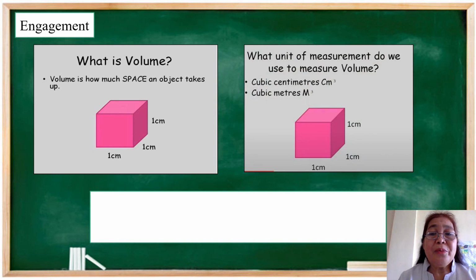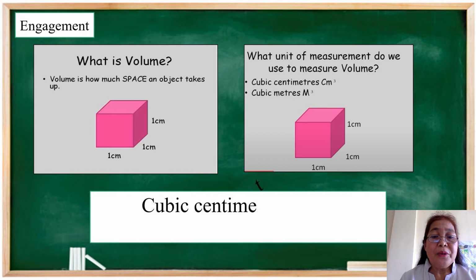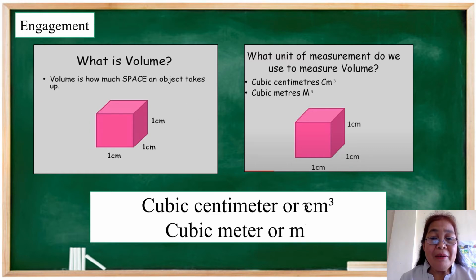What unit of measurement do we use to measure volume? When we talk about volume, we are discussing cubic measures: cubic centimeters or cubic meters, written as cm3 or m3.